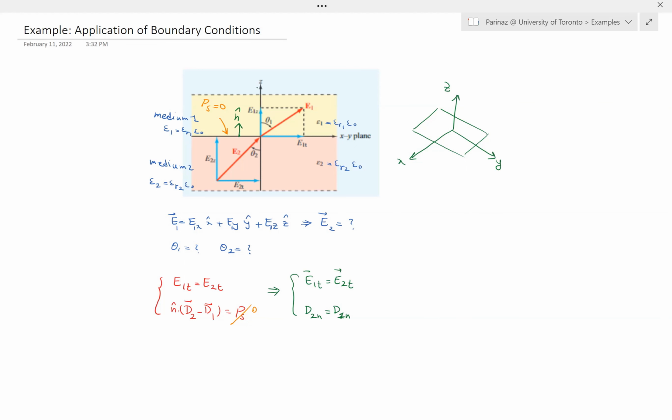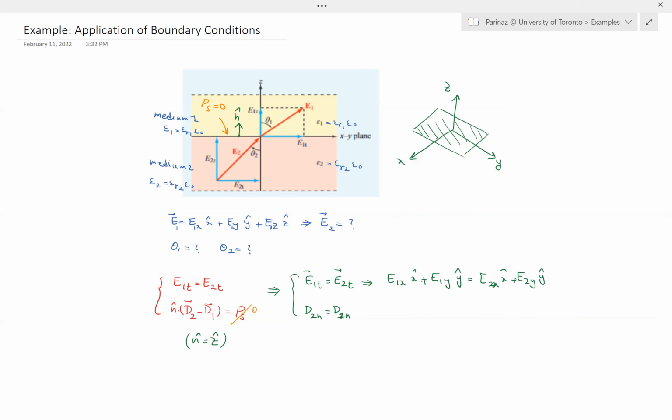So if n hat is equal to Z hat, then the tangential component of the electric field on this boundary is going to be the X and Y components of the electric field. So E1T is going to be E1X x hat plus E1Y y hat, equal to E2X x hat plus E2Y y hat.